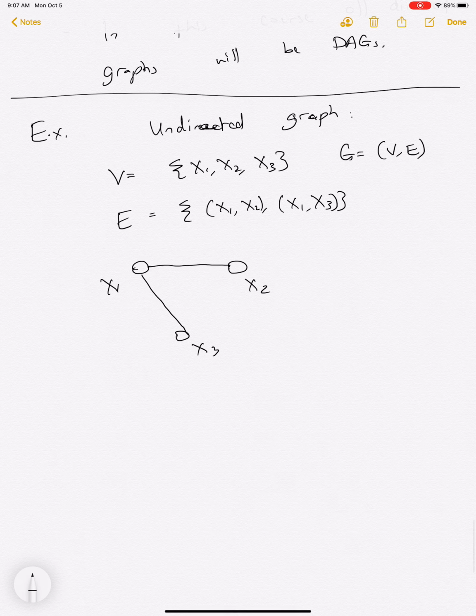So this is our undirected graph. And then you could have a directed graph, or in this case, it will certainly be a DAG. If you have V equals x1, x2, x3, you can use the same V set, and the E set doesn't actually change at all.